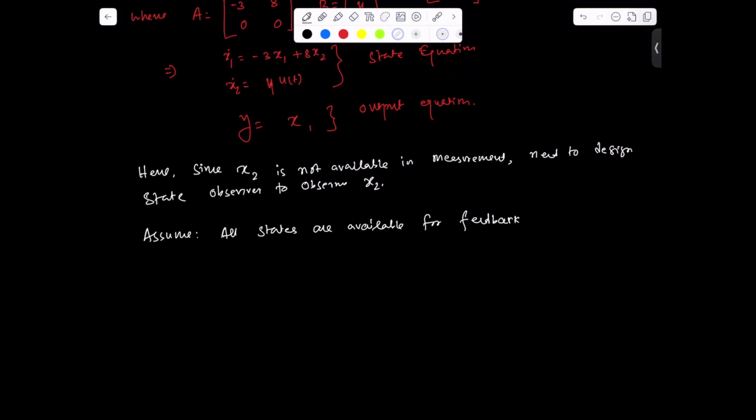So based on this assumption, design a state feedback control to meet the closed loop performance.